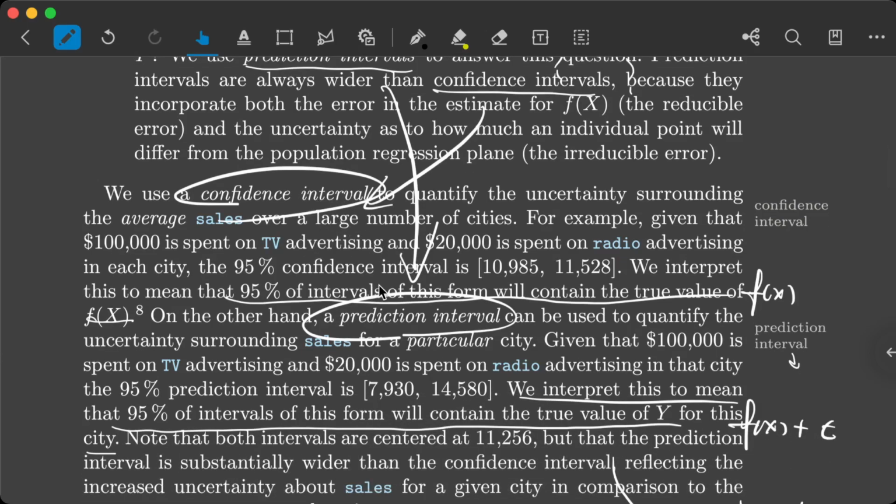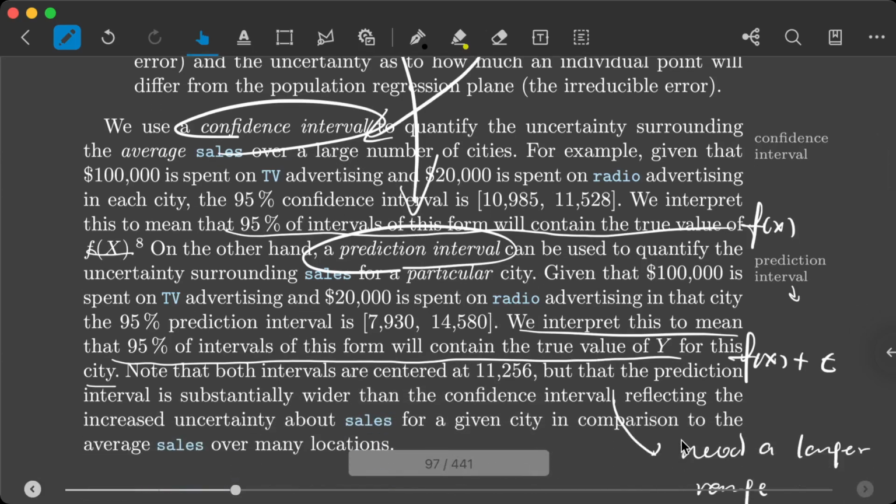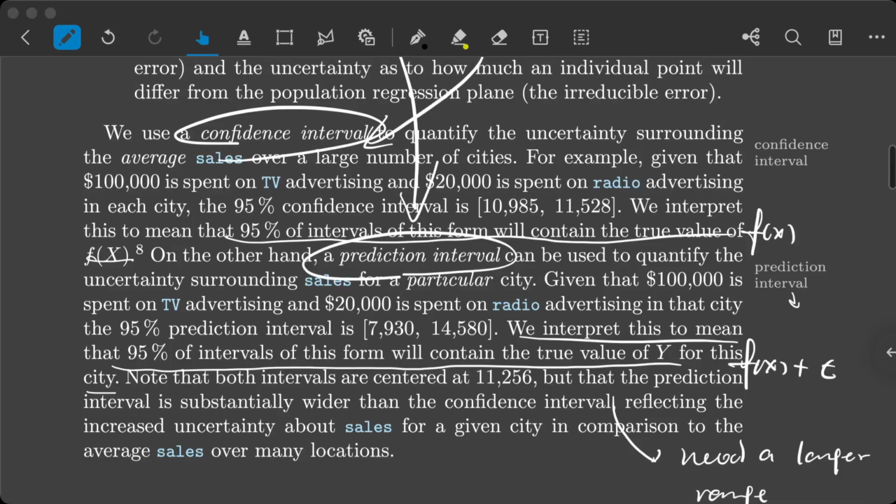So we have two different intervals, and the problem is why we have two kinds of intervals here. We need to distinguish them. The first one is the confidence interval, which responds to questions about the prediction of f(x), because we have f(x) and f(x) plus epsilon, which is noise. The prediction error is about after we have introduced the noise, which is the ground truth.